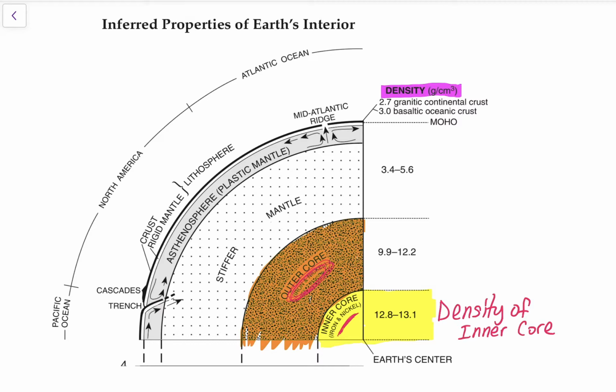That's what the outer core is made of. And if I extend my coloring to outside of the picture, I can see that the density of the outer core is between 9.9 and 12.2. Okay, this is the density of the outer core.